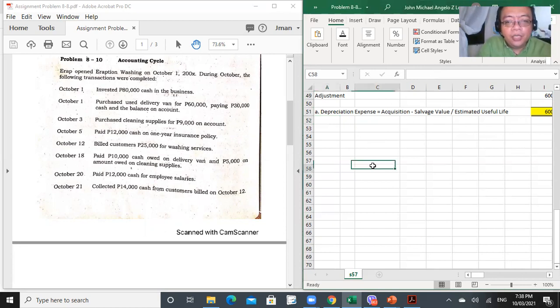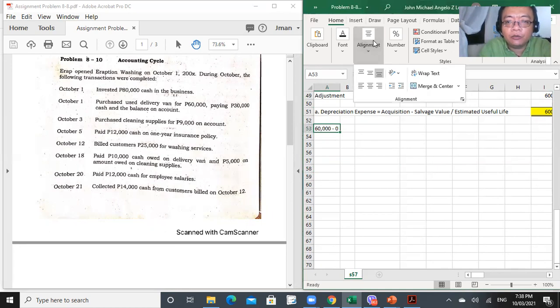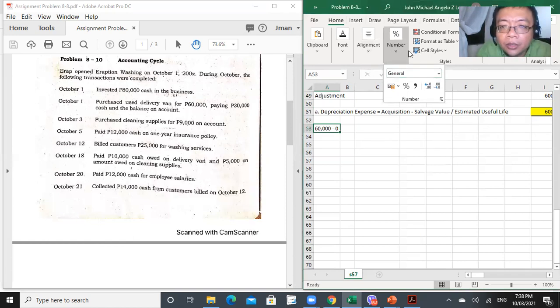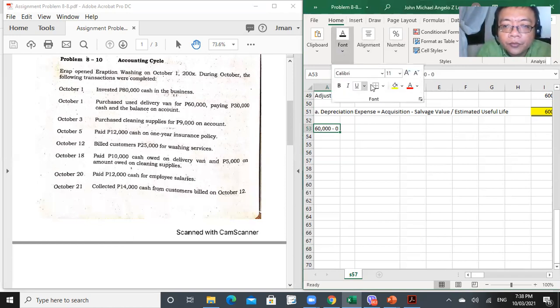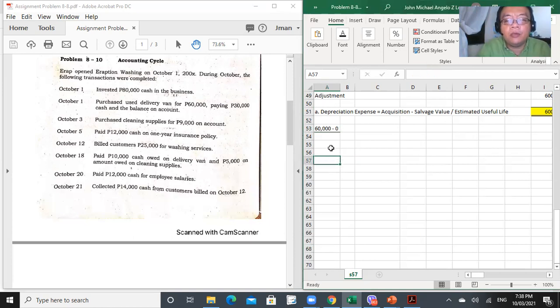Alright. So meaning, in letter A, we purchased 60,000. So the formula here is basically 60,000. And how much would be your salvage value? There is zero salvage value, right? And we divide it by our useful life.